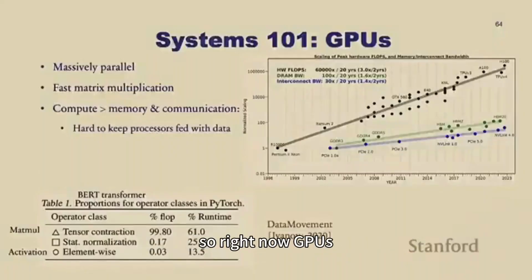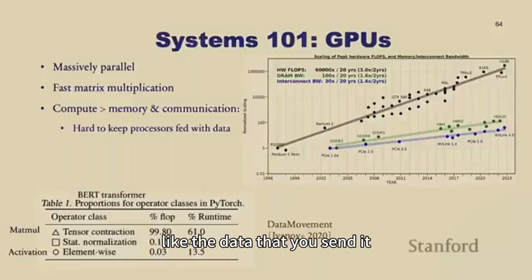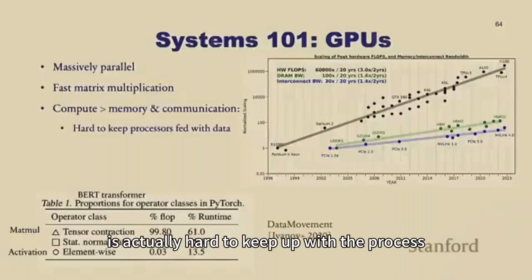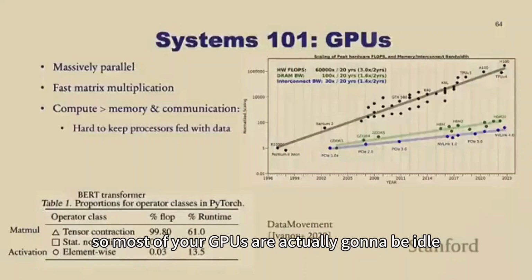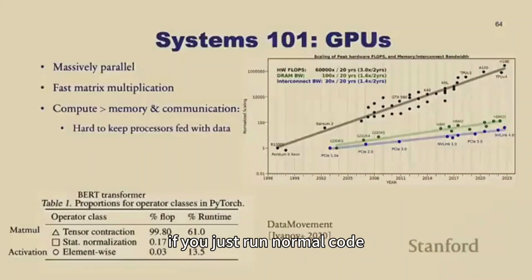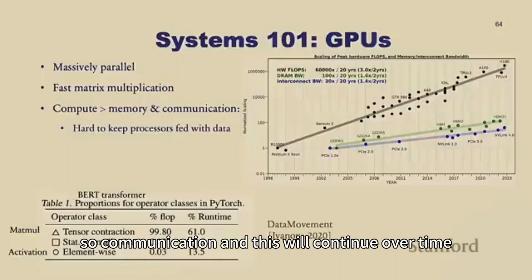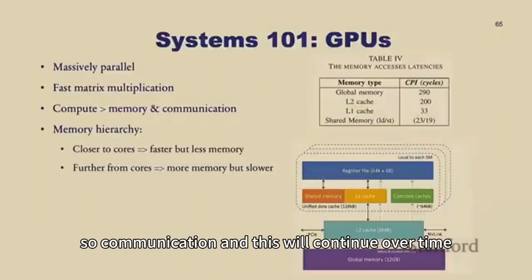So right now, the data you send to GPUs is hard to keep up with the processing. Most of your GPUs are actually going to be idle if you just run normal code without optimizing it, and this will continue over time.